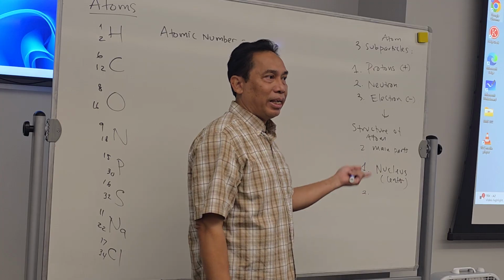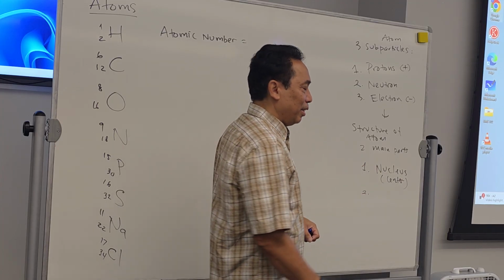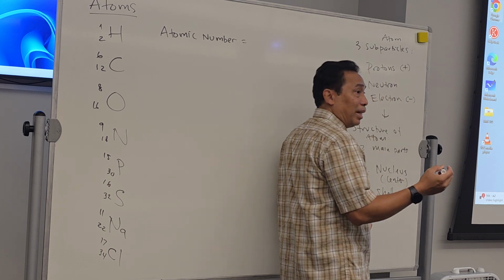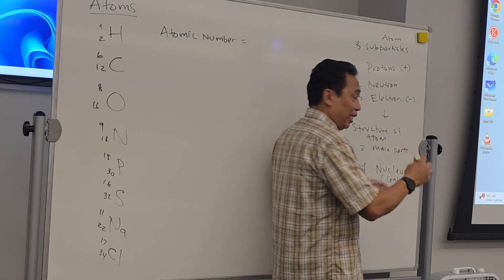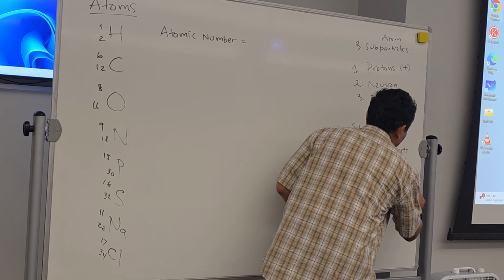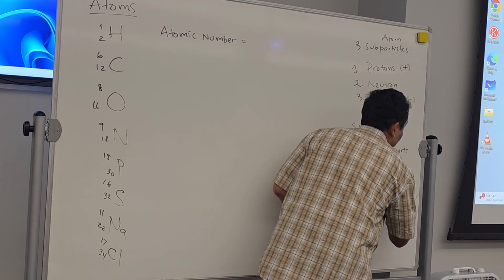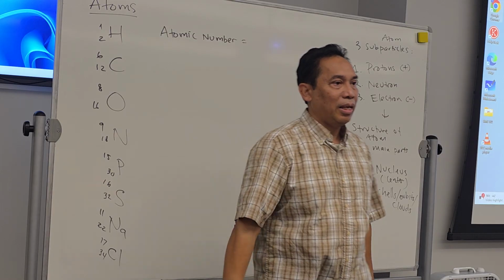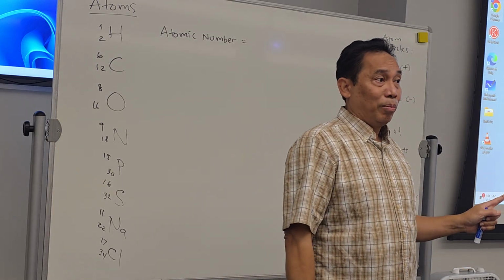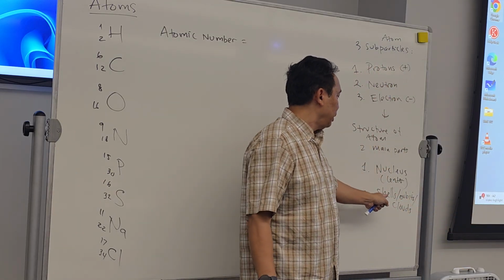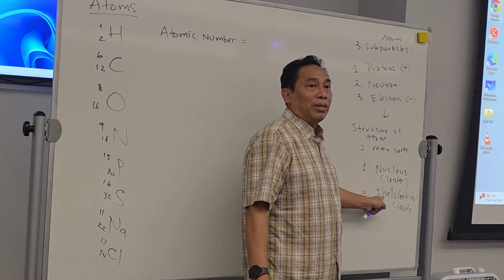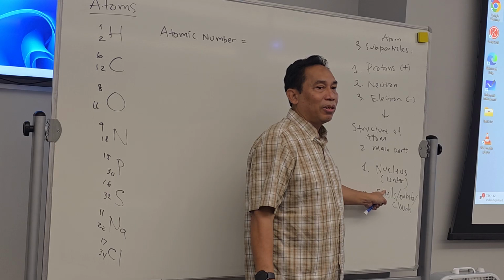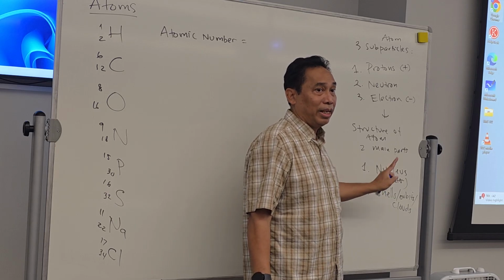In some books it has a different name. Sometimes it's called shell, like an egg shell, right? And then sometimes it's called orbit. Some also call it an atomic cloud. But in this class, we're going to use the terminology shell. So the second part is called the shell. Get it?